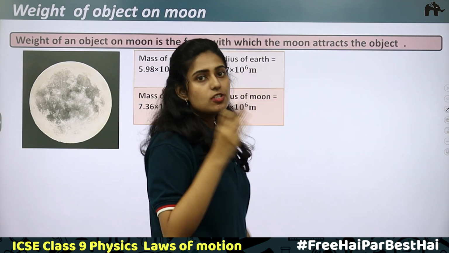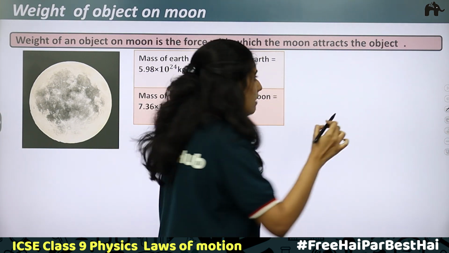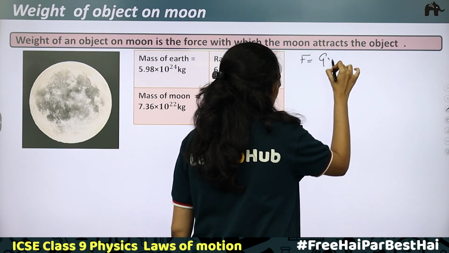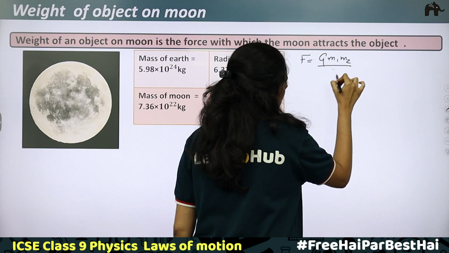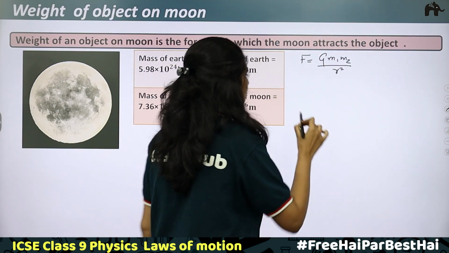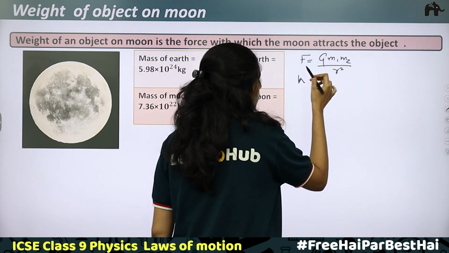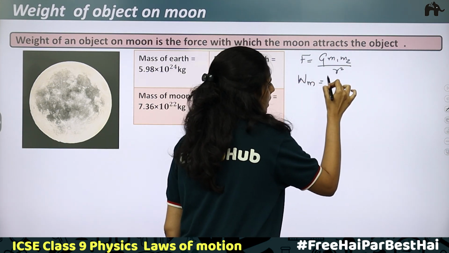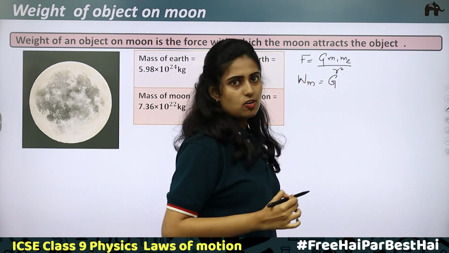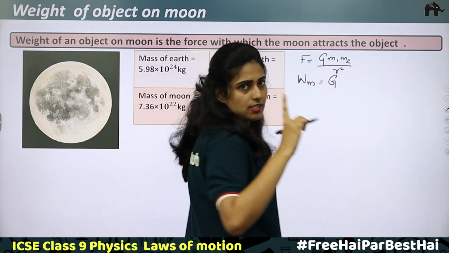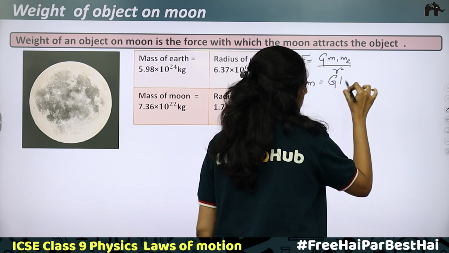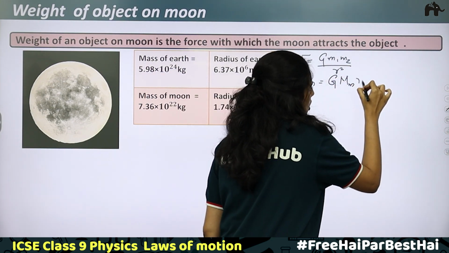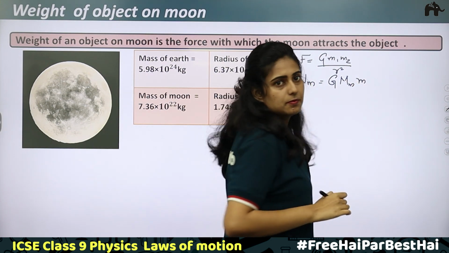We know weight is a force and the unit of weight is Newton. We have the universal law of gravitation: force is equal to G m1 m2 divided by r square. So the weight of an object on moon, Wm, will be equal to universal gravitational constant G, first mass the mass of moon, and the second the mass of the object on moon.